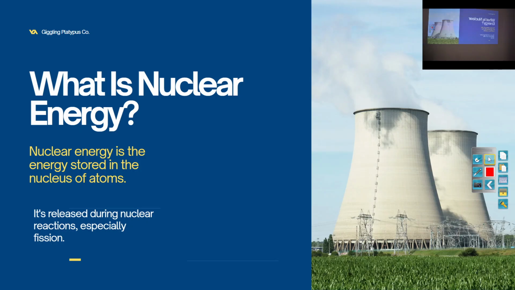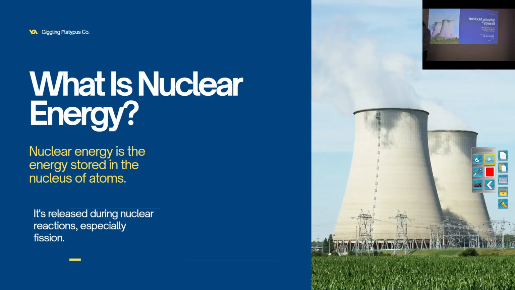So nuclear energy is nothing but the energy stored in the nucleus of an atom. In the nuclear fission process, there will be an enormous amount of energy released. In the nucleus of an atom there are neutrons and protons, and electrons revolve around the nucleus.